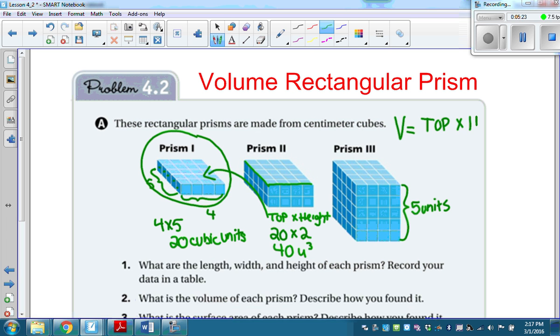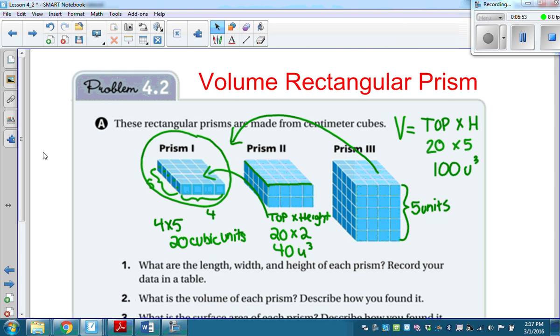And I'm going to call that capital H. So that's 20 because the top is the same as Prism 1. And the height is 5. So Lily's correct. 100 units cubed or cubic units. Thumbs up or thumbs down, guys? How are we doing on that? Lori, what do you think?